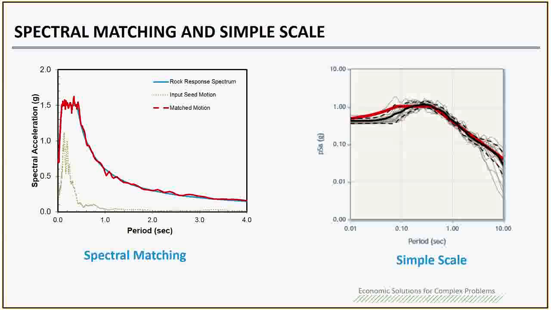So there are two approaches to make the input motion match the target spectrum. One is spectrum matching. What it does is change the frequency components of the input motion. At the same time, it scales the input motion to match the target spectrum for each individual input motion.